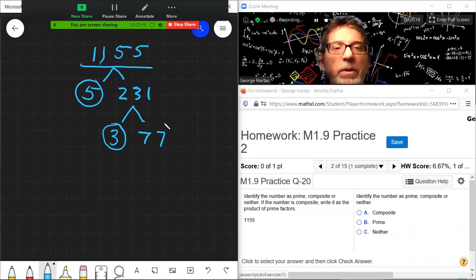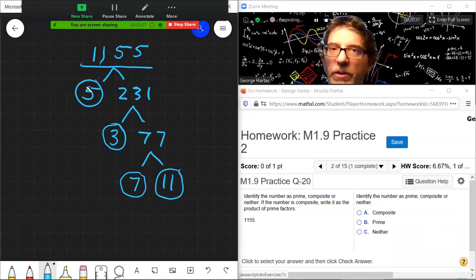Well, this number here is on the multiplication tables, and by now, you've mastered them, right? Correct. 7 times 11 is 77. 7 is a prime number. 11 is a prime number, and you've also mastered these, right?